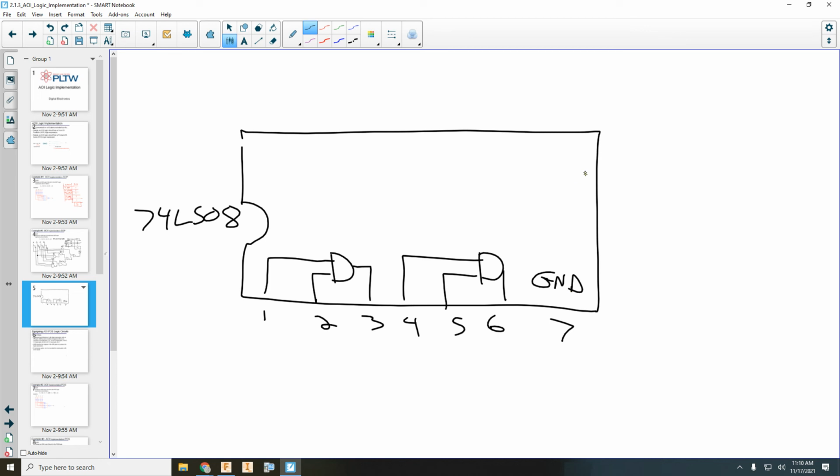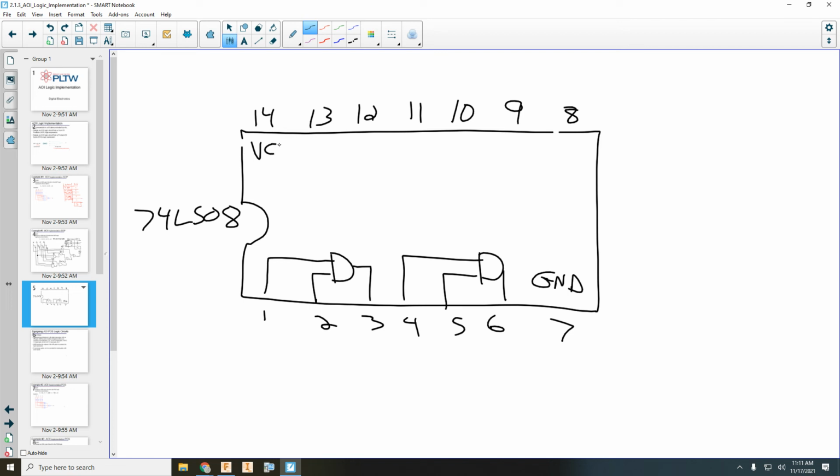And then on the other side, we keep counting around the chip. This would be pin 8, 9, 10, 11, 12, 13, 14. What does pin 14 get? Power.